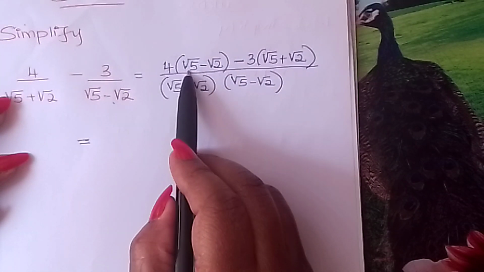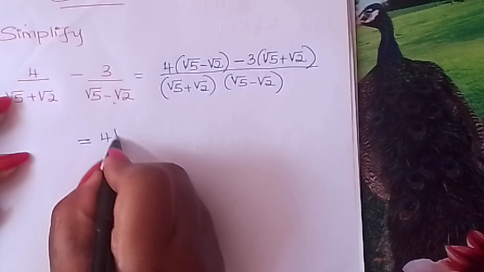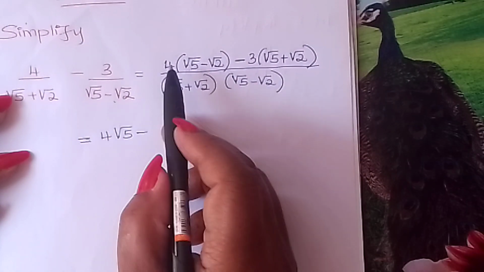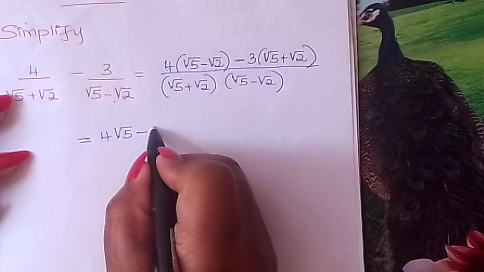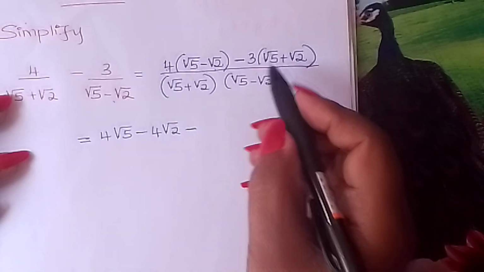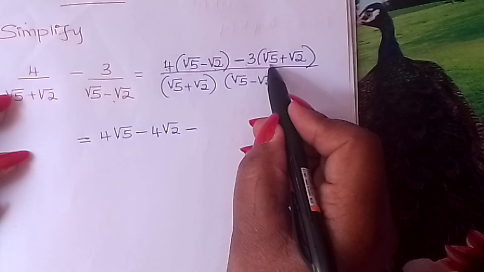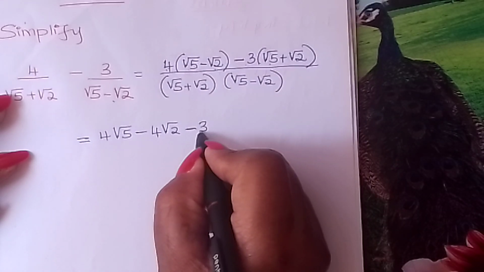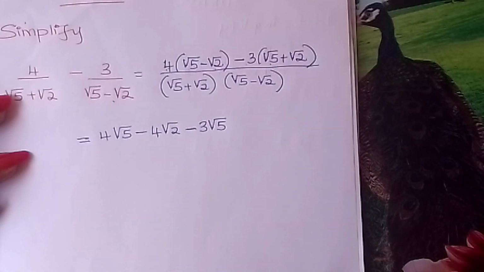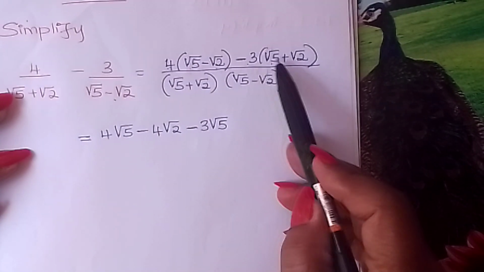This is 4 times root 5 gives you 4 root 5. Minus 4 times root 2 gives us 4 root 2. Minus 3 times root 5, learner, gives us 3 root 5. From there, you look at these sides.